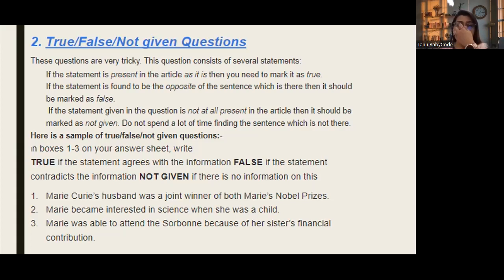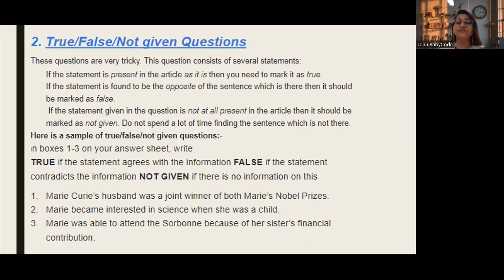If the statement is actually present in the text, then you need to mark it as true. I'm repeating, if the statement of your question is present in the passage, that means it says exactly the same thing, then it is true. But if the statement you find is the opposite, contradicting the statement, then it should be marked as false.